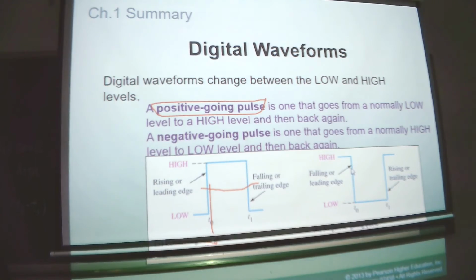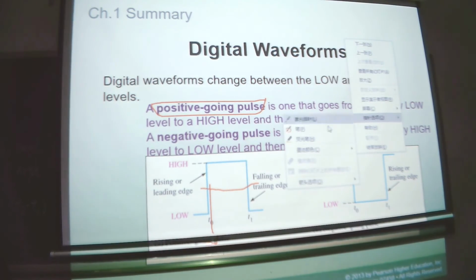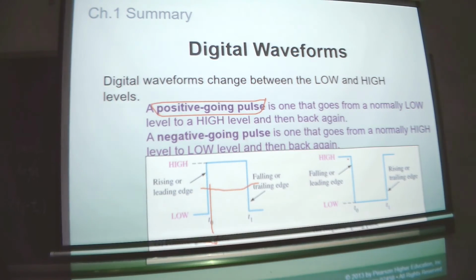A negative going pulse is one that goes from a nominally high level to low level, and then back again. This pulse is called a negative going pulse.